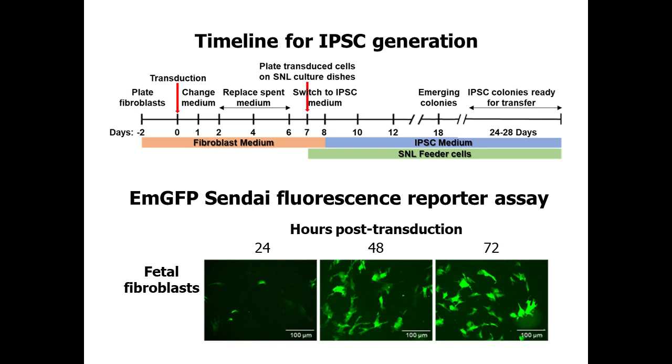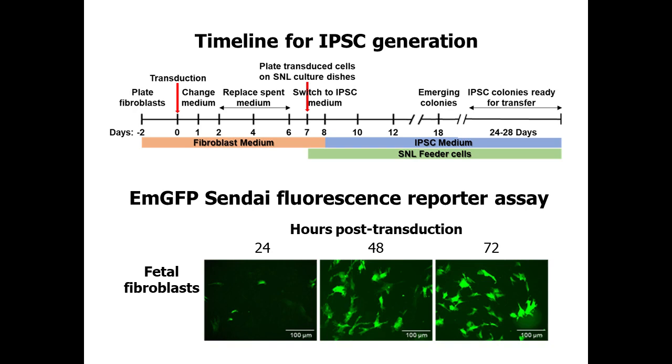These kits are very expensive, so you cannot use them directly for reprogramming experiments. So before that, we check if these cells are amenable for Sendai viruses by using this Emerald GFP fluorescent reporter. So we confirmed that these feline fibroblasts can be transduced with Sendai viruses using this reporter assay.